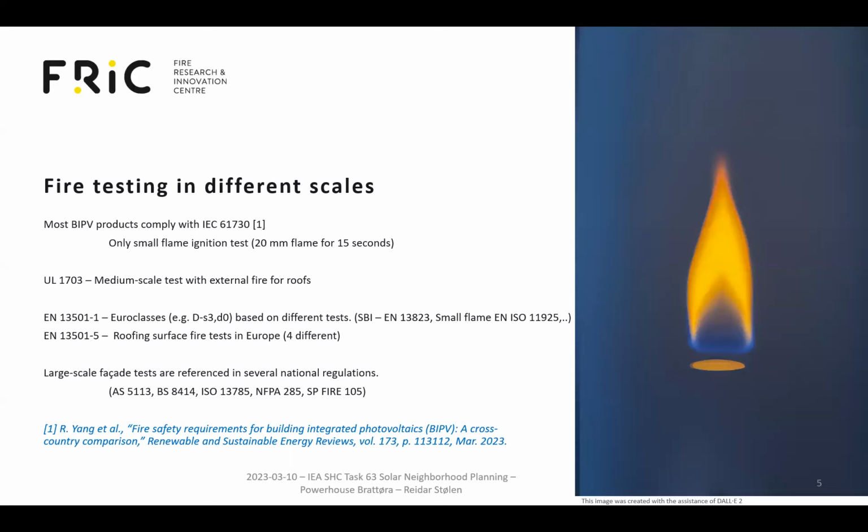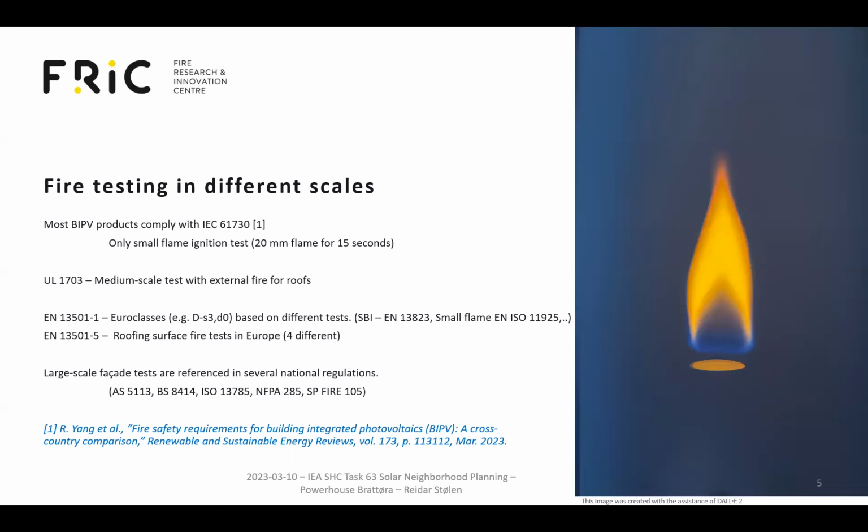And you also have the Euro classes that can be used, but they are not that commonly referenced in BIPV products, as far as the study here has seen. There are also several countries that mention different types of large-scale facade tests that are required for facades with combustible materials on them.